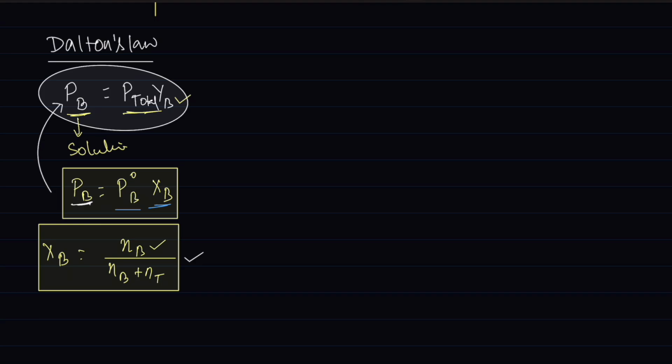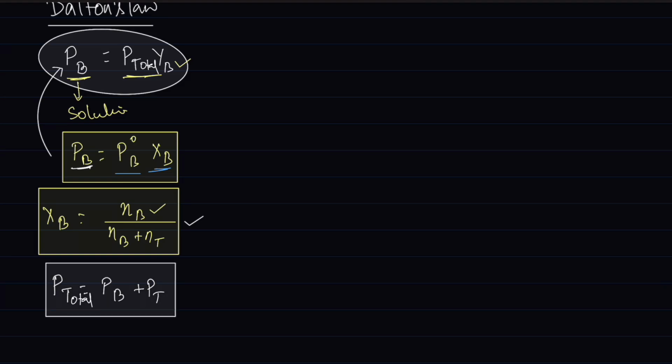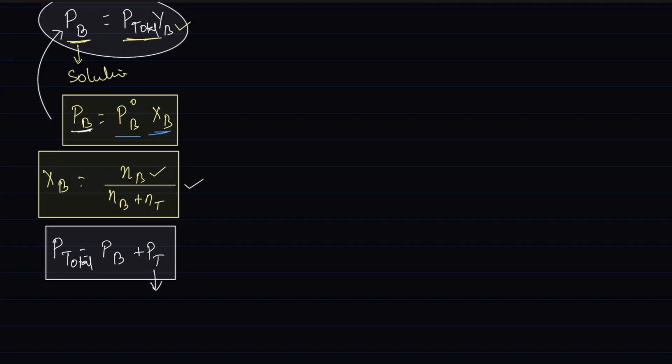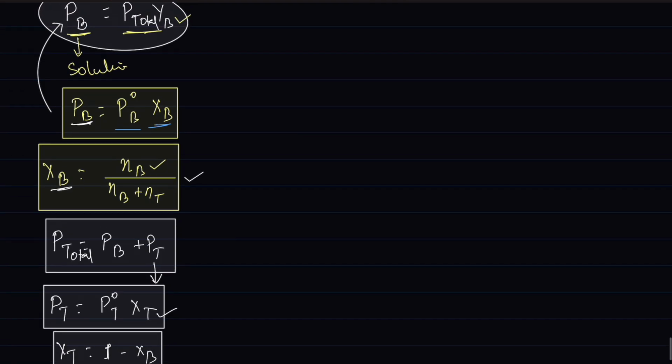Similarly, we have to find the total pressure. Total pressure is equal to pressure due to benzene plus pressure due to toluene. The same step we follow to find the pressure for toluene: PT is equal to P naught T into mole fraction of T. If we know the mole fraction of B, then mole fraction of T is equal to 1 minus mole fraction of B. So we follow this question in steps.